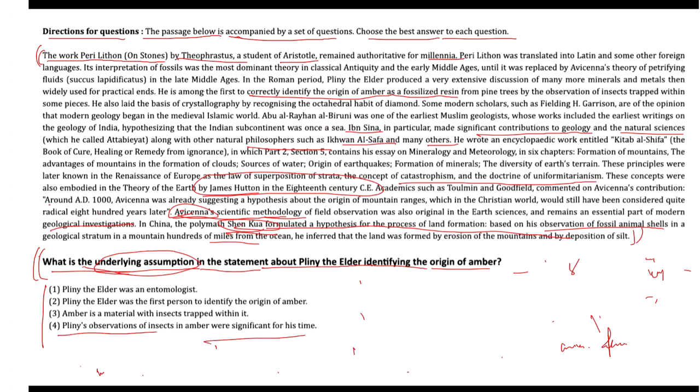Now, let's analyze each of the options carefully. If I look at option one, Pliny the Elder was an entomologist, it implies that Pliny had expertise in the study of insects, but it is not necessary as an assumption. His identification of amber's origin is not contingent on being an entomologist.